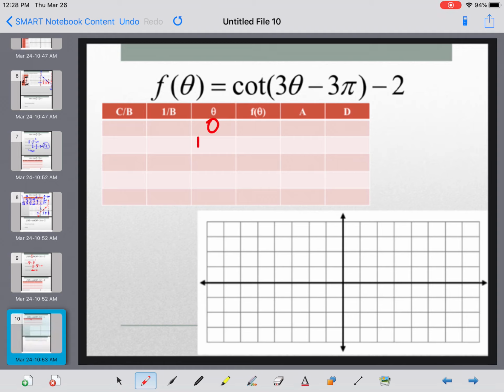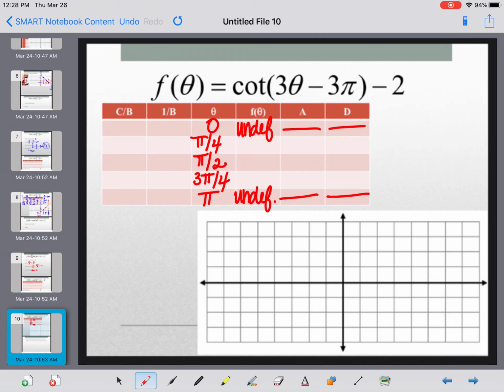Okay, remember these have different x values. First and last, always undefined, and carry that through. And we go 1, 0, negative 1. So the A value is 1, which means that nothing changes.